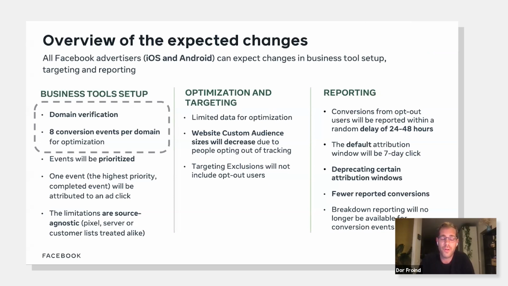So if, for example, you have a campaign that runs in more than one country, you won't be able to see your results broken down by country. So this is important to understand. And in this context, we highly recommend advertisers download all historical data with all of the breakdowns, so they'll have it if they need to analyze performance by the different breakdowns.